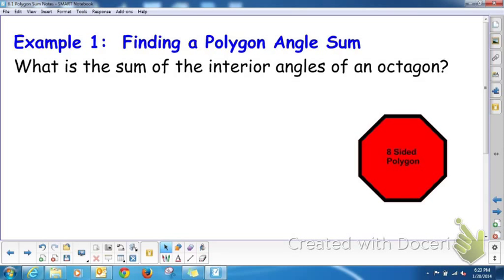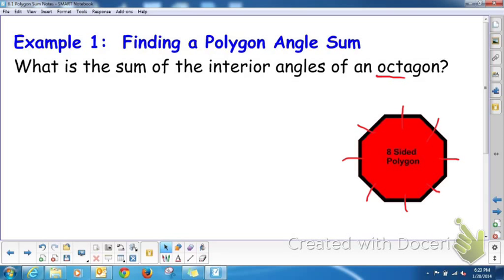So finding a polygon angle sum. What is the sum of the interior angles of an octagon? Octagon, octo, like octopus, has 8 sides. 1, 2, 3, 4, 5, 6, 7, 8.